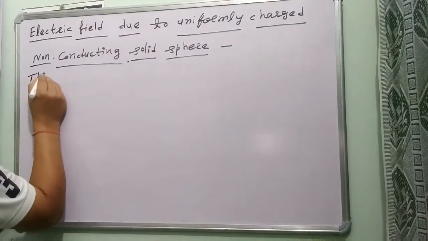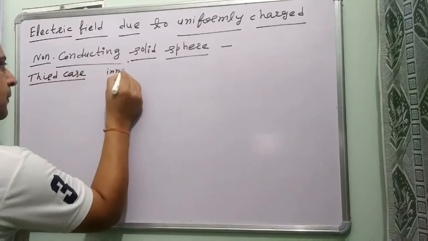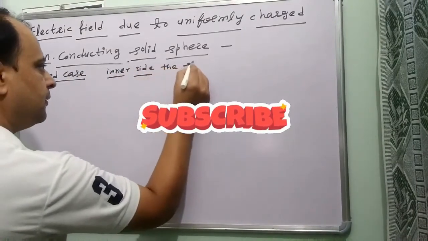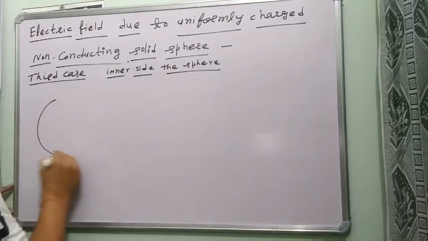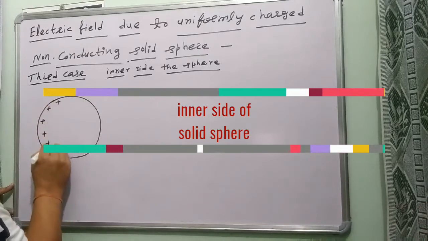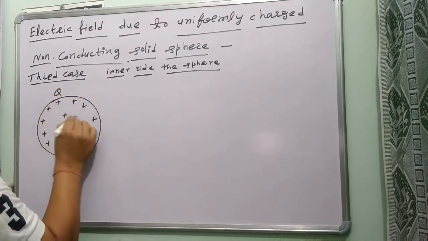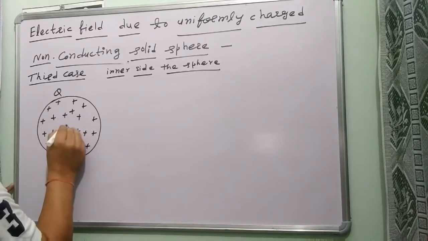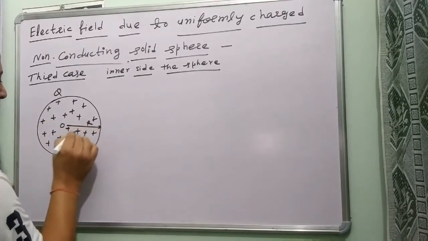Third case: inside the sphere. This is our solid sphere, uniformly charged by Q. This is the center O. This is the radius R of the solid sphere.